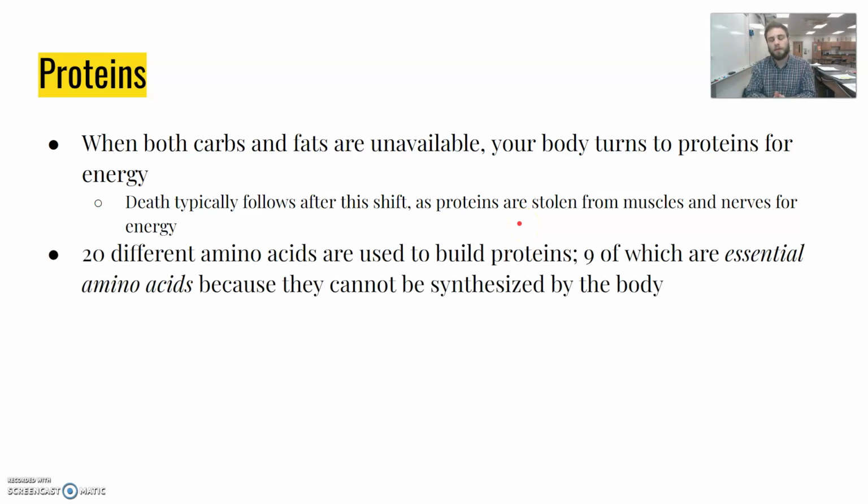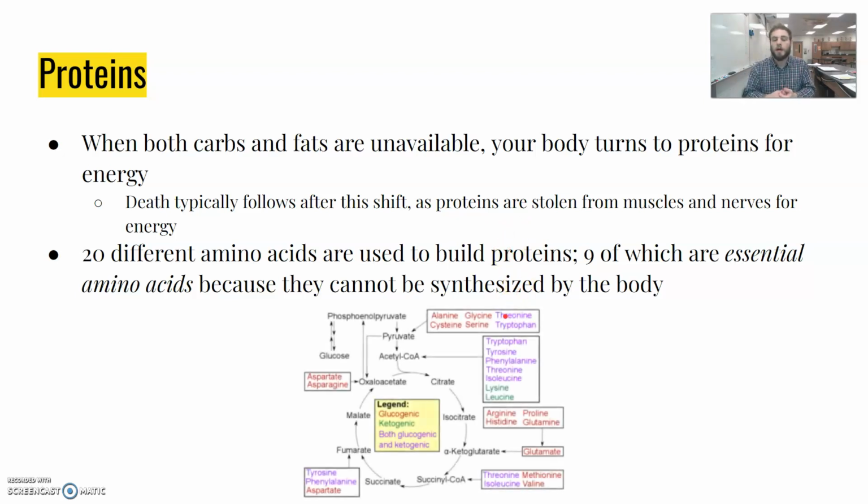There are 20 different amino acids that are used to build all of the proteins that make up your body. Nine of them, or I should say 11 of them, your body can actually synthesize, but nine of them your body cannot synthesize, and so they are called essential amino acids because they have to come from your diet. They cannot be synthesized by the body. And so people that are vegan or vegetarian oftentimes struggle with getting all of the amino acids that are necessary for the body, getting all nine of those.